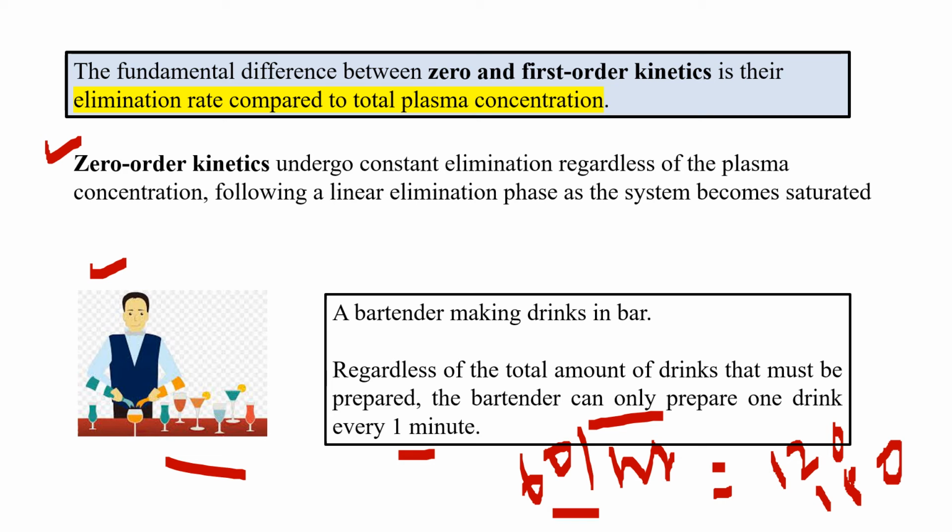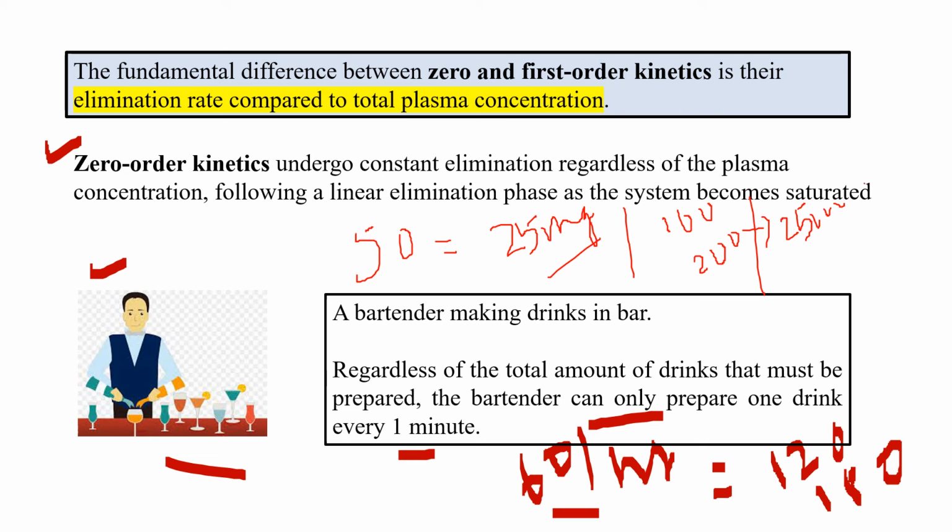If you consider this to be a drug, suppose you give a 50 milligram drug, and the elimination at the end of 1 hour is only 25. So what amount is left in your body? 50 minus 25 is 25. But if you give a 100 milligram dose, or a 200 milligram dose, the elimination is still only 25 milligram in the first hour.